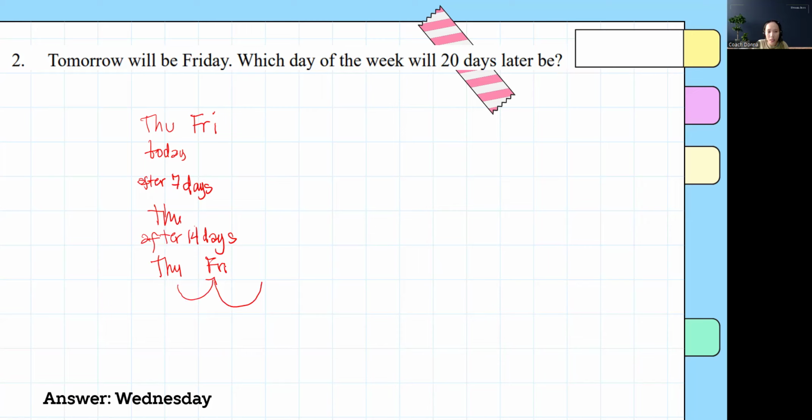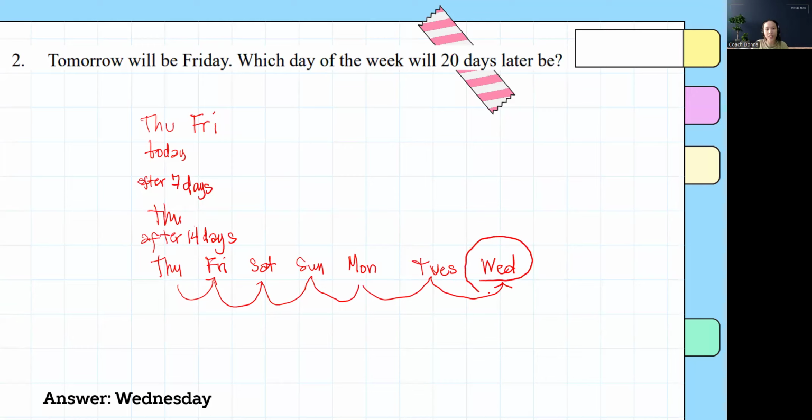Friday, we have Saturday, followed by Sunday, and then Monday, Tuesday, Wednesday. Let's check if it's already 6 days. So 1, 2, 3, 4, 5, 6. So after 20 days, because 14 plus 6 is 20, it's a Wednesday.